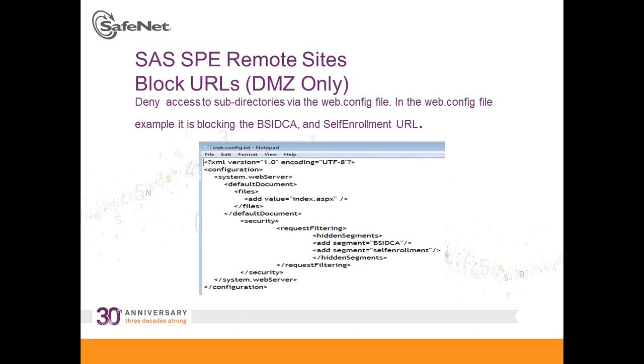So we can turn off the websites, or what I've found most customers are doing is blocking the URLs inside a web config file. We can see in this example, I'm turning off the access to the BSID-CA and also the self-enrollment.